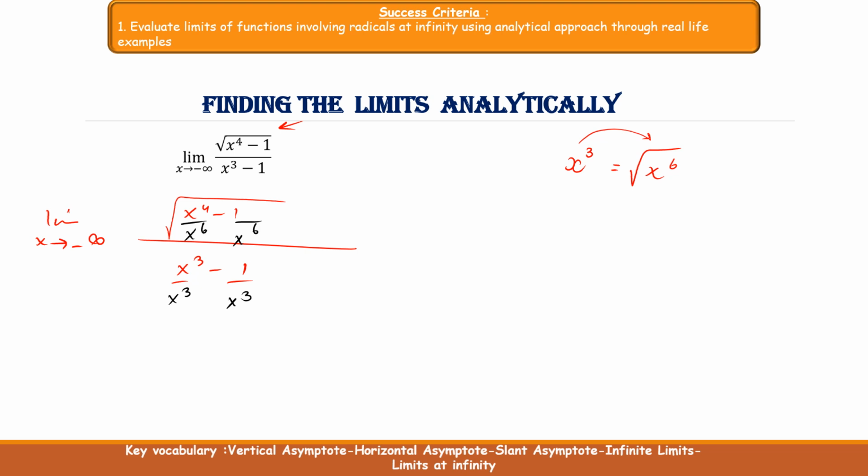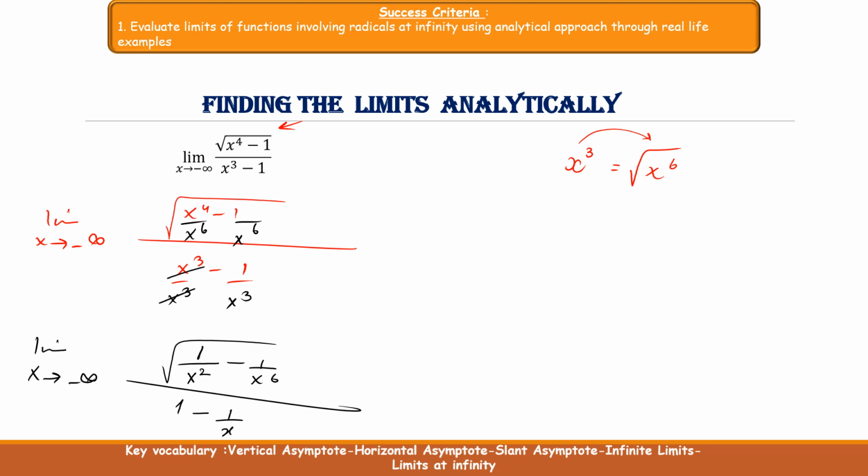Then the bigger power minus lower power. So x power 6 is big. So we will write at the place of x power 6, 6 minus 4 is 2. On the top, nothing left. It means 1 left. Then 1 over x power 6. X cube cancel. So it will give us 1 minus 1 over x cube.